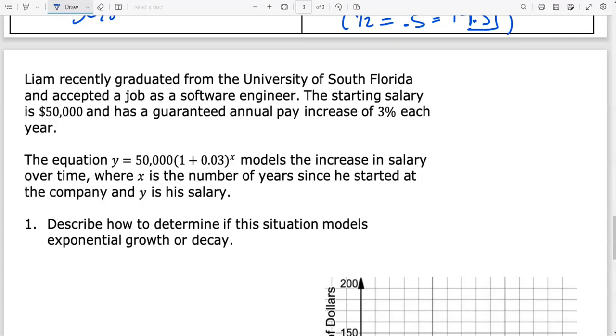And it has a guaranteed annual pay increase of 3% each year. That's nice. They gave you the equation. So the equation y equals 50,000 times 1 plus 0.03 to the power of x models the increase in salary over time, where x is the number of years since he started at the company and y is his salary.